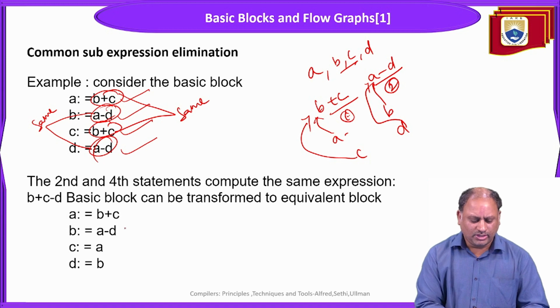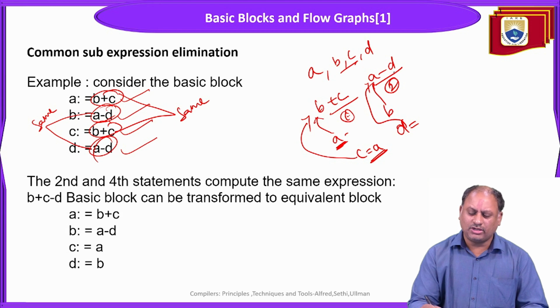Instead of computing for C once again, A already contains the result, so we assign C equal to A. Similarly for D, which would be computed again as A minus D, this computation is already available and the result is stored in B. So we assign D equal to B, avoiding the repeated computation.